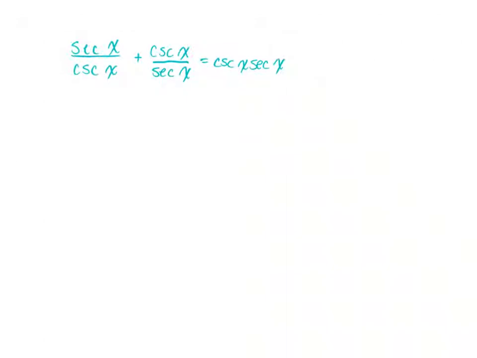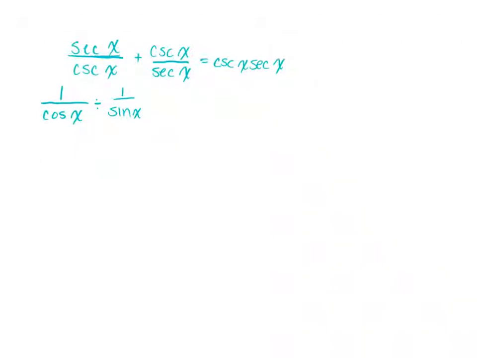Secant of x, I know, is 1 over cosine of x. This is a division sign, really, so I'm just going to put my division sign in there. I'm just going to break this down as simply as possible. And I know that cosecant of x is 1 over sine of x. So now, since I'm dividing fractions, I have to multiply by the reciprocal.